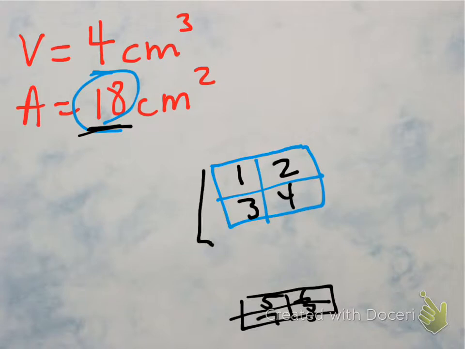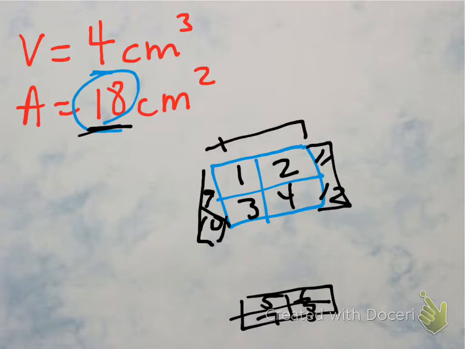Then on the side you get 2, so 9, 10, 2 on this side, 11, 12. I'm forgetting the 2 on this side here, 13, 14, and the other 2 here, 15, 16. Oh, that wouldn't work. If we arrange them this way, it would not give us the area of 18. It would give us 16.